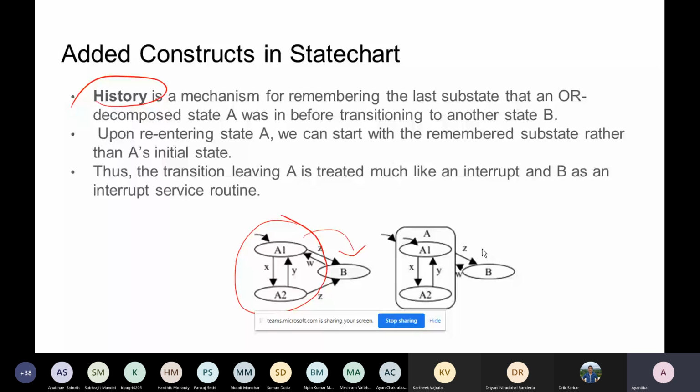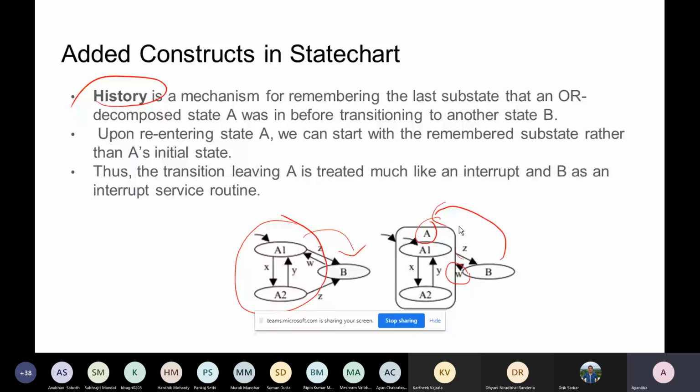Then again, due to some W input, when the W transition condition is satisfied, you go back to state A. This is the convention of state chart, or it may be defined in another way.